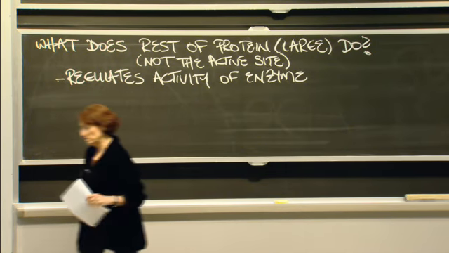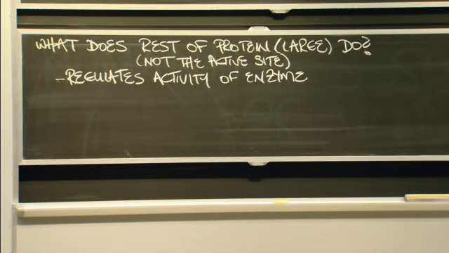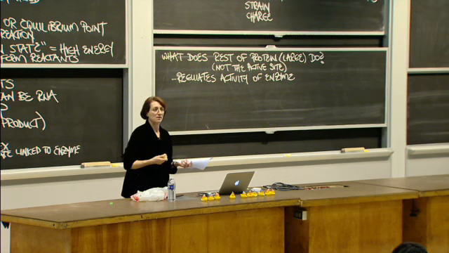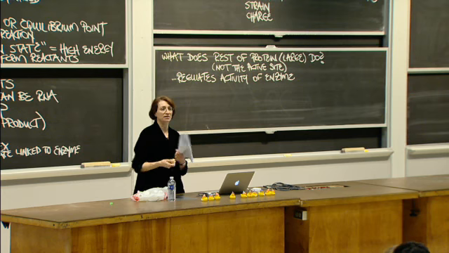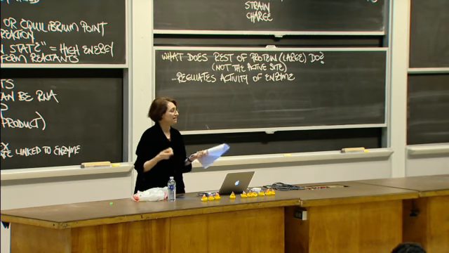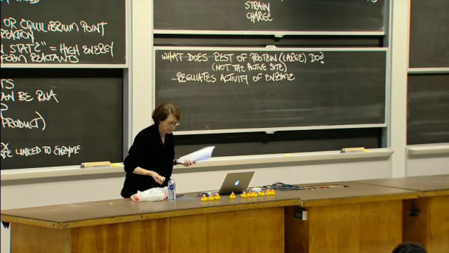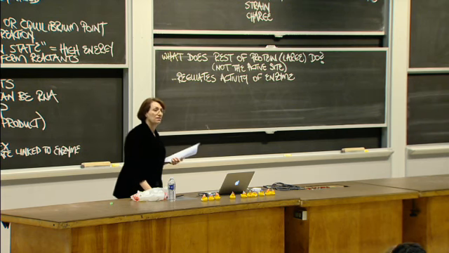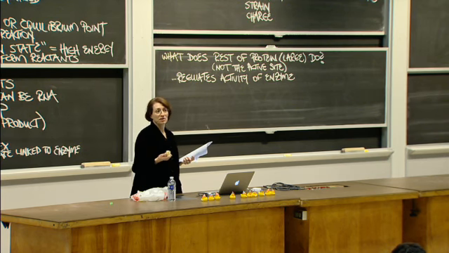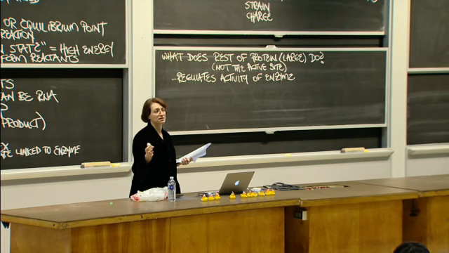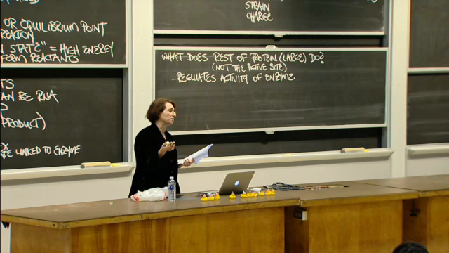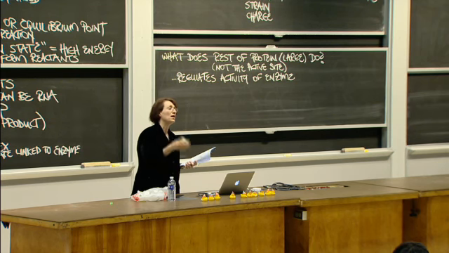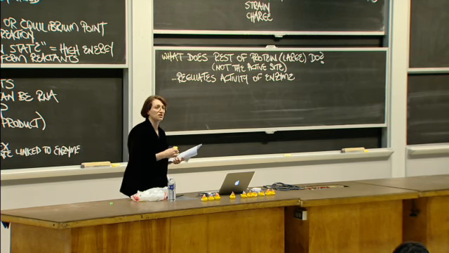What do I mean? Well, if you go back to this notion of the cell as a factory and enzymes as the wheels and the machines that get things done so that you get particular components synthesized, then you really want to make sure that you have got your production line working at the right pace. If you need more product, you need to speed up. If you need less product, you need to slow down.